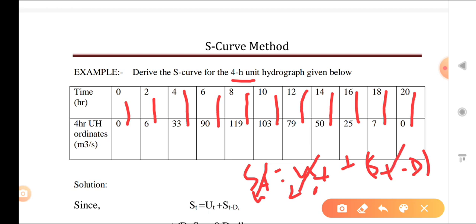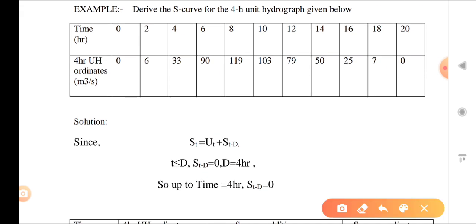So S(t minus D) is 0 for t less than or equal to 4. So S naught will be U naught. Here it is also written, U(t) plus S(t minus D). For t less than or equal to D it is 0, up to 4 hours. And you have also seen that S naught is equal to U naught.